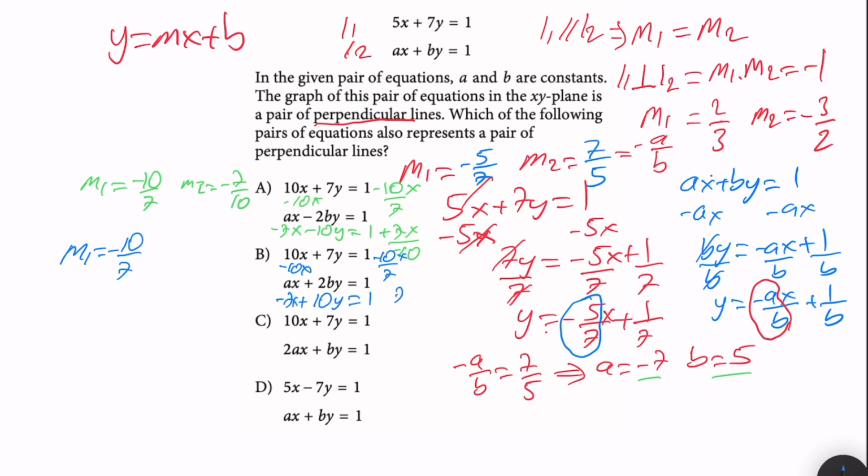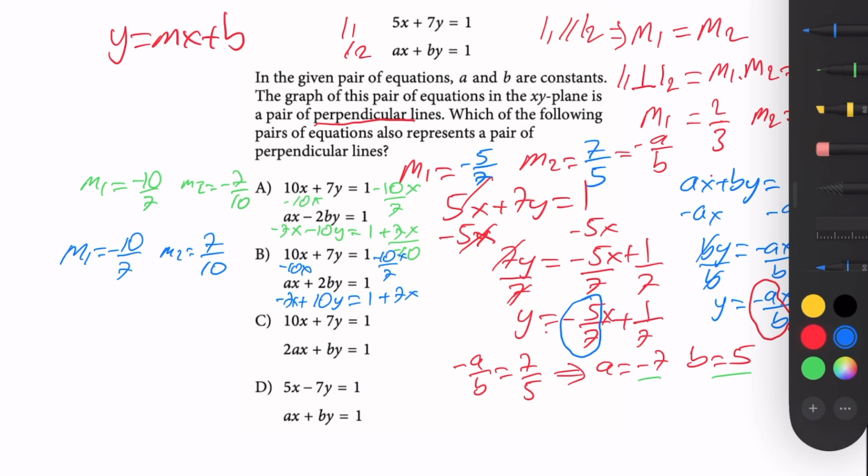If you add 7x to both sides and divide by 10, this will be 7/10. So look at it: opposite and reciprocal. Let's keep that in mind and take a look at the others.